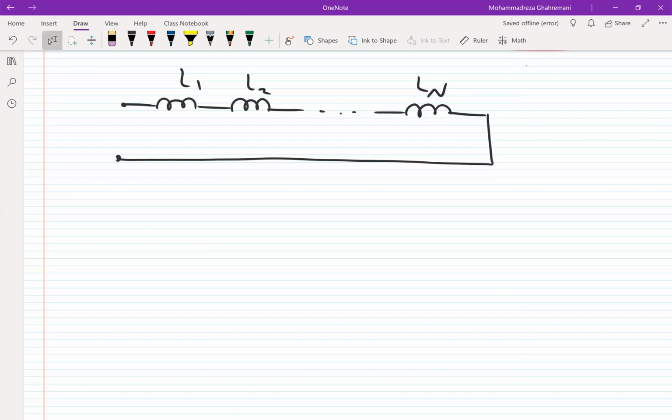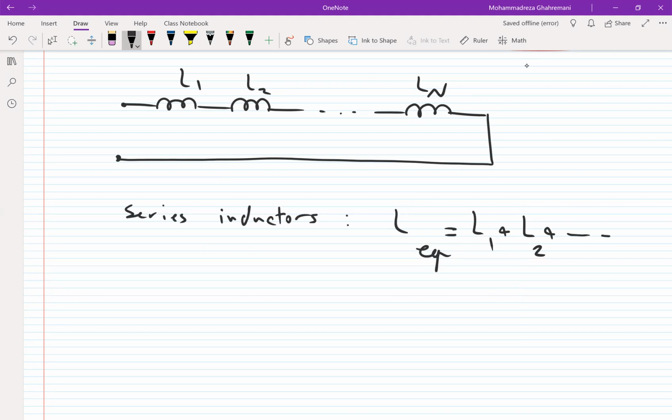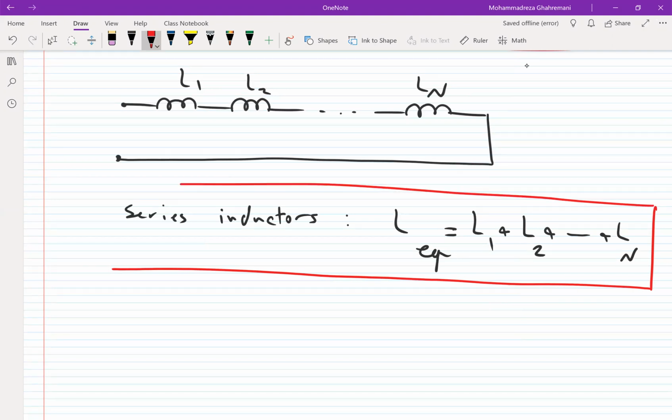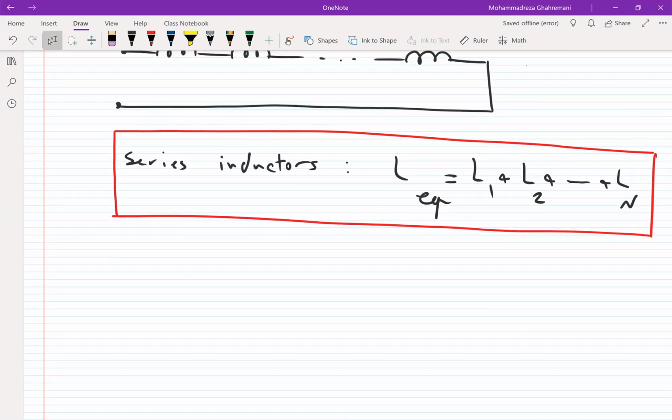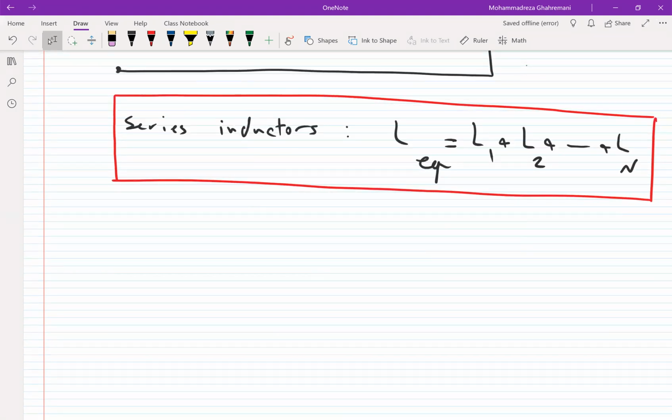For series inductors, we can say L equivalent is equal to L1 plus L2 plus up to Ln. It is the opposite of capacitors, but exactly the same as resistors. So in order to combine several inductors, the inductors act exactly like resistors.